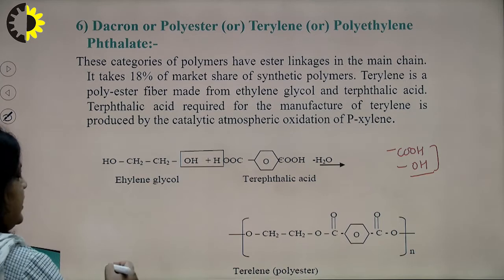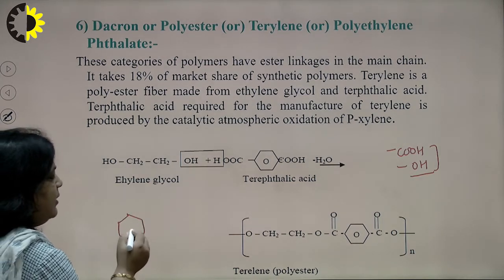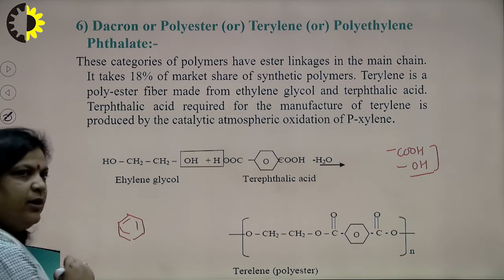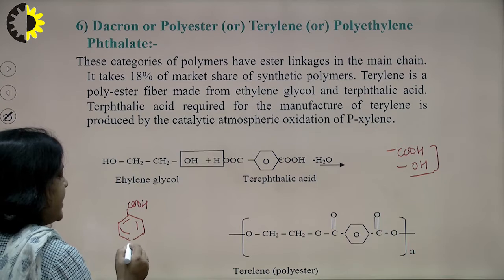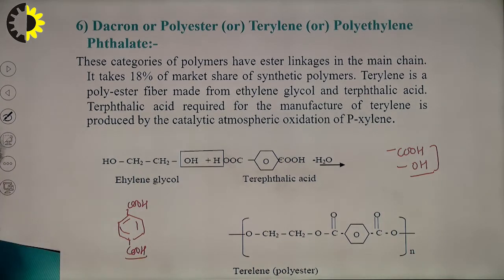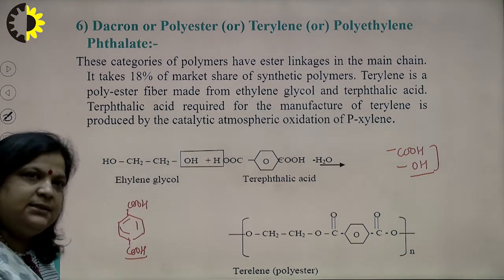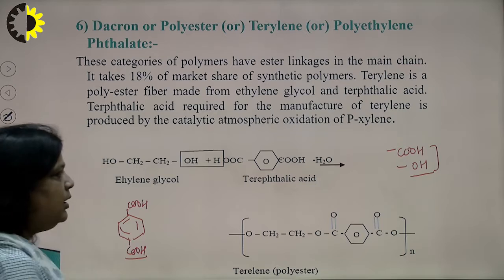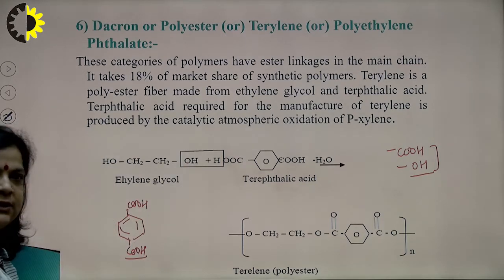Phthalic acid, we know that if a benzene ring has 2 COOH, and if it contains 2 COOH at para position, then it is called terephthalic acid. And plus ethylene glycol, glycol means 2 OH, it is a diol, HOCH2CH2OH.